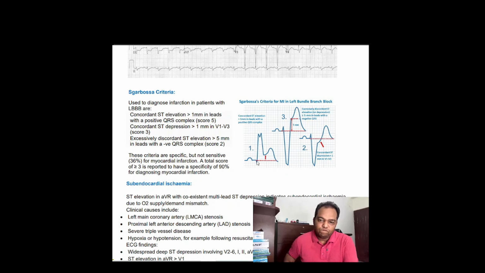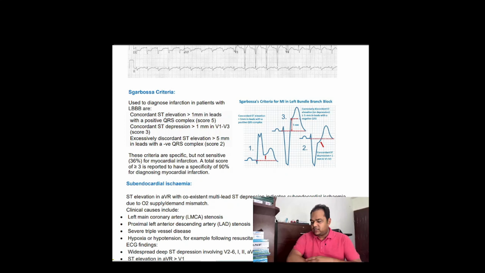There is a positive QRS complex, and at the same side, there is ST elevation. So when the ST elevation is present at the same side of the QRS complex, it is called concordant.